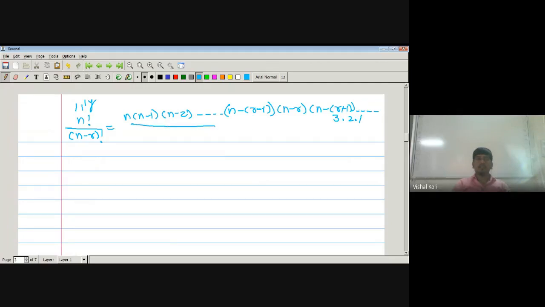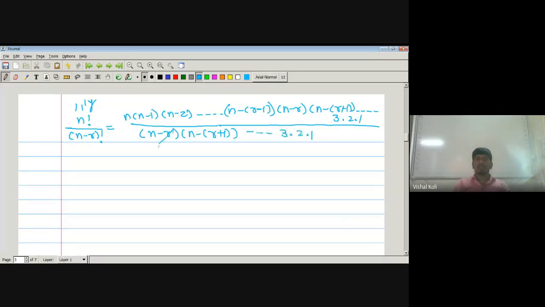And this is n minus r into n minus r minus 1, and up to 3 into 2 into 1.